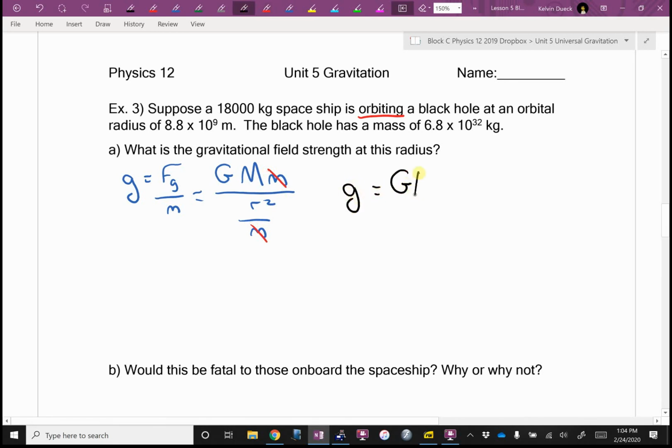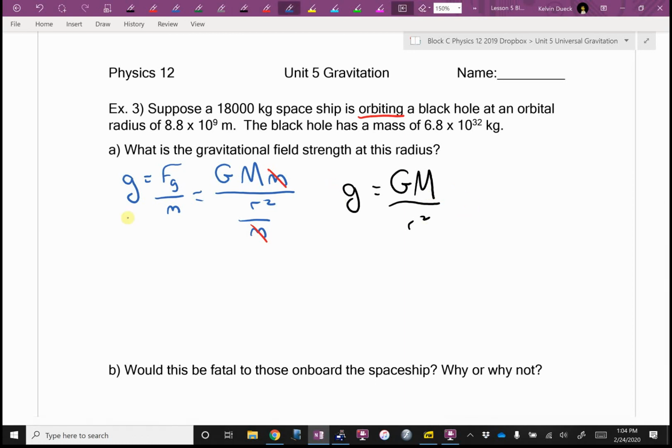It's big G, big M over r squared. By the way, just for purely nerd trivia, once you've written that down, this is an acceleration because I got it by going force divided by mass. So if I multiply it by mass, now it's a force. You can see that's hidden in the gravitation equation as well.